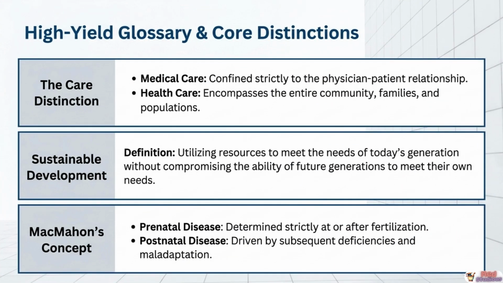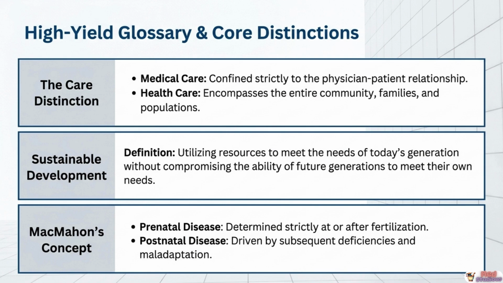We conclude this lesson with 3 high-yield conceptual distinctions that appear with notable frequency in community medicine examinations, and that many students answer incorrectly because they confuse closely related terms. The first distinction is between medical care and health care. Medical care is confined strictly to the individual physician-patient relationship.